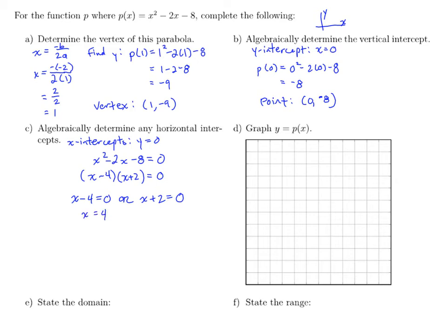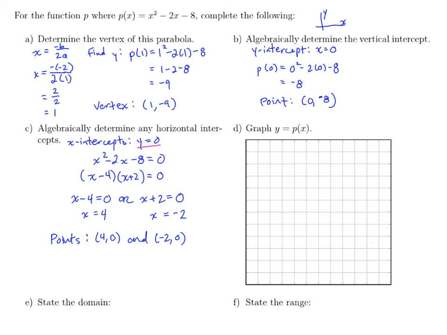For the second one, x plus 2 equals 0, we can subtract 2 from each side of that equation and find that x equals negative 2. The points then that we'll graph to represent these horizontal intercepts are the points 4, 0 and negative 2, 0. Remember that when we started, we identified that y was 0 here, so we found the x values that corresponded to y equals 0, and we have 2 points then, 4, 0 and negative 2, 0.